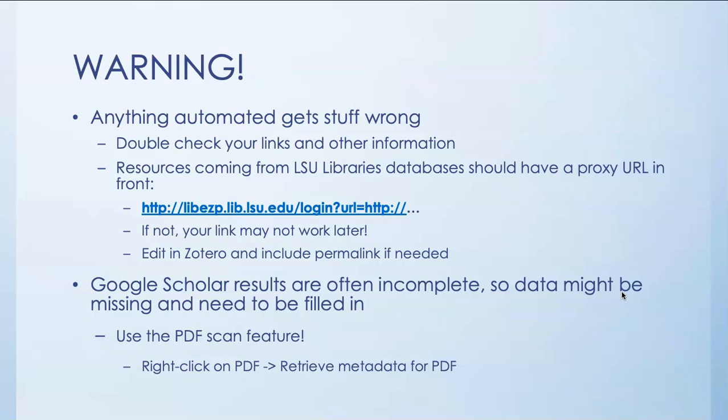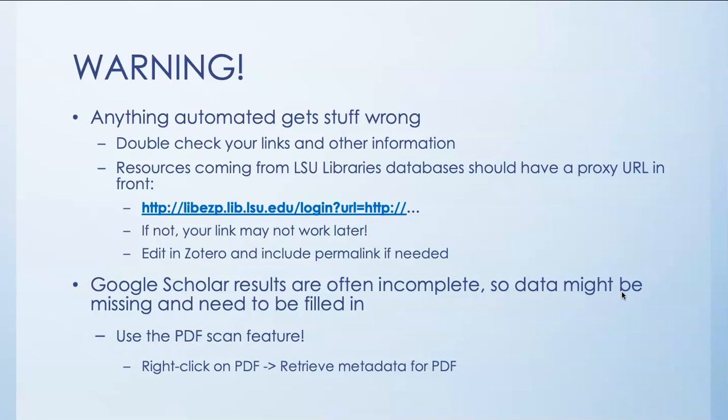If you don't have that link, it might not work later. You should be able to find it because it's saving all the other metadata. But if you need to edit it, you can edit it very easily in Zotero under the link button, the URL, in that field, and include the permalink, the permanent link that starts with that libezp if you have to.